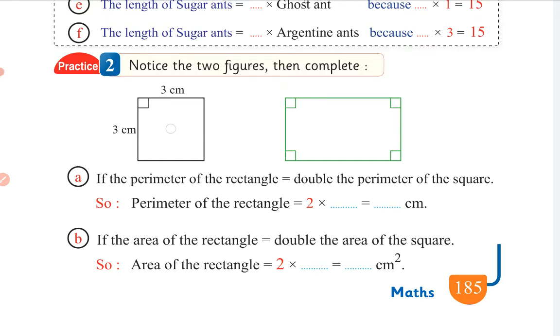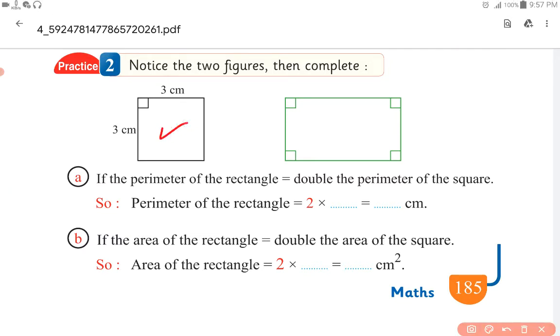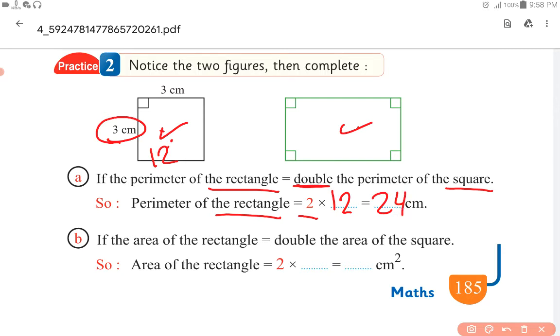The first one square، ده square، وده rectangle. بيقول لي if the perimeter of the rectangle equal double the perimeter of the square. يبقى perimeter of rectangle equal 2 times what؟ يبقى أنا هحسب perimeter of square الأول. طبعا عند السايد equal 3. يبقى 3 times 4. perimeter of the square equal 3 times 4 it will be 12. يبقى perimeter of rectangle 2 times 12. 2 times 12 equal 24 سنتيمتر.